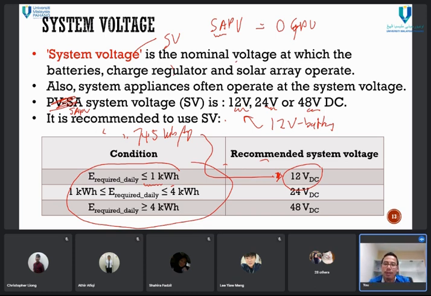But if your load is between 1 kilowatt hour to 4 kilowatt hours, then you need to use 24 volt DC. If more than 1 kilowatt hour, the recommended one is 24 volt. If more than 4 kilowatt hours, it is 48 volt.